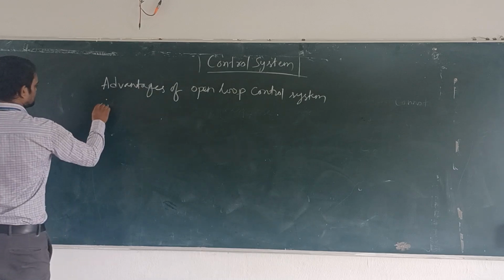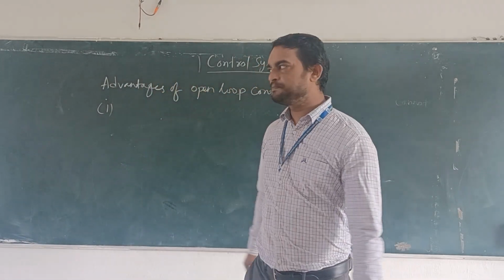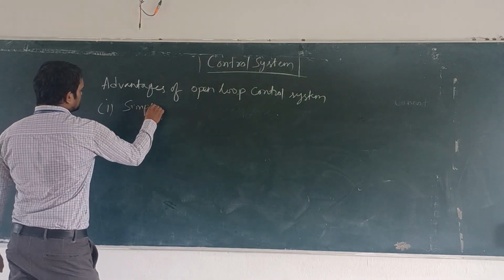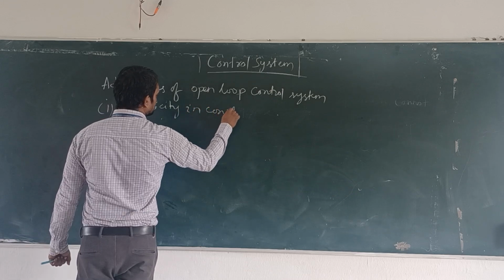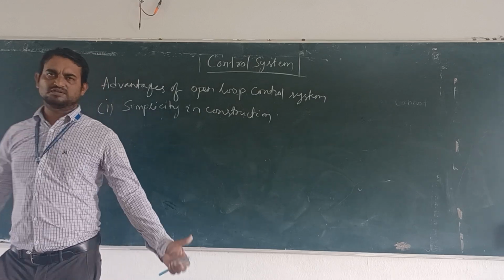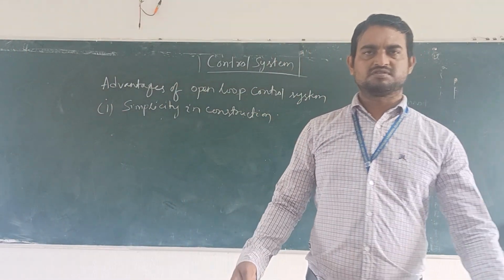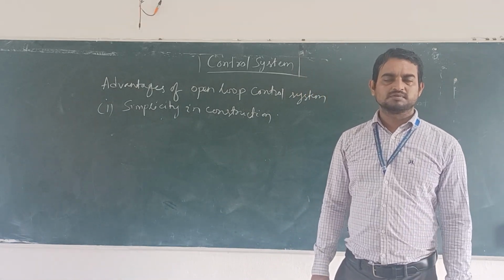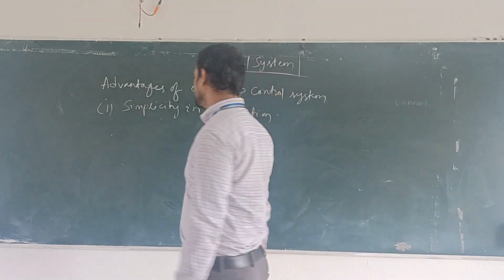First is simplicity in construction. It is very simple to construct. As we have an open loop system, we don't have any feedback or any sensor, so it is simple in construction.